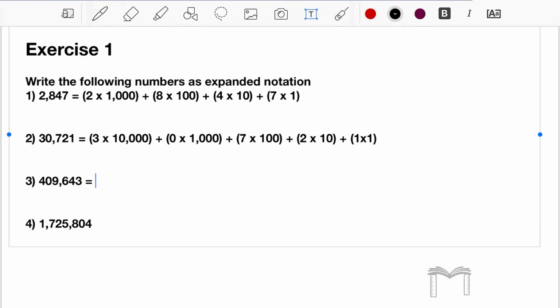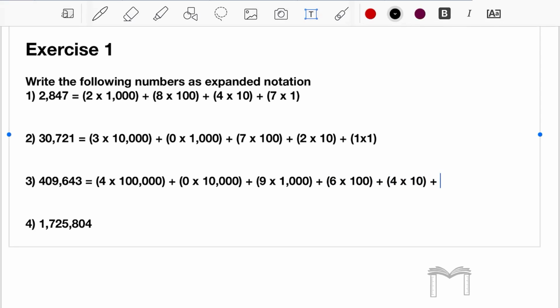Number 3. 4 times 100,000 plus 0 times 10,000 plus 9 times 1000 plus 6 times 100 plus 4 times 10 plus 3 times 1.